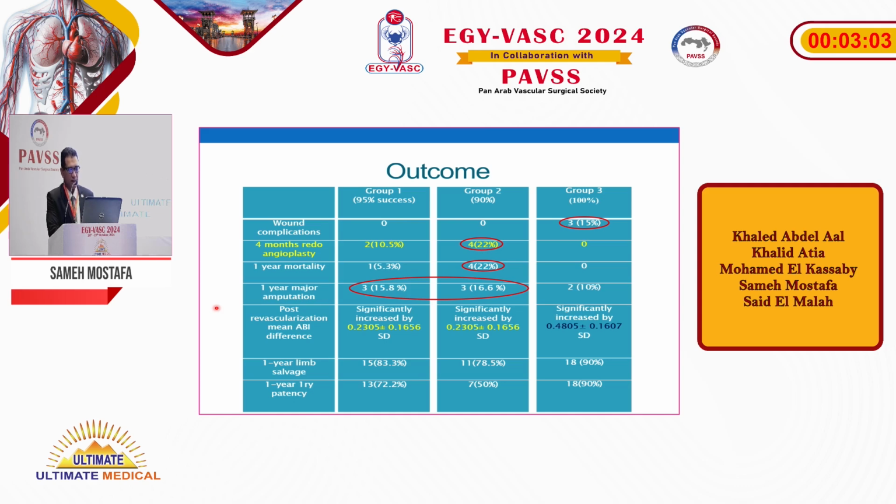However, all these numbers proved to be insignificant. The only significant results in this study were the 1-year primary patency, proving that surgery is more durable, and the increase in the ABI, proving surgery gives more foot perfusion. However, the 1-year limb salvage was found the same, with no significant differences between the three groups.